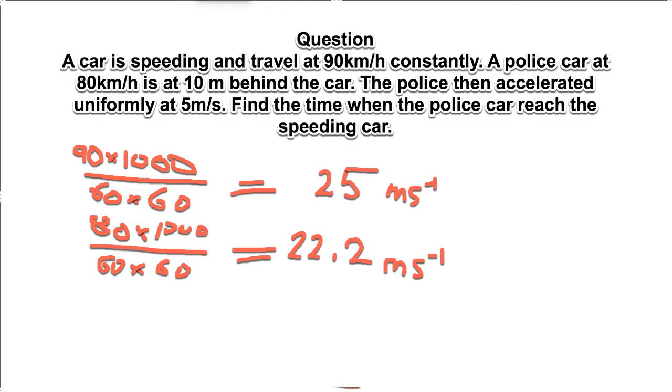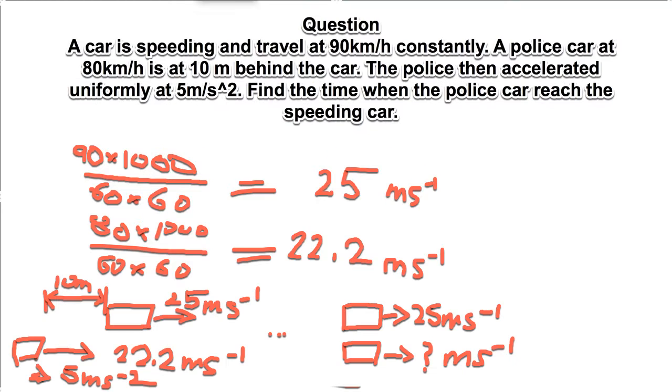Now we shall consider the situation and determine which equations to use. Let's look at the case. Here's the speeding car, which is 10 meters in front of the police car, and we know the acceleration of the police car. After some time the speeding car is still traveling at 25 meters per second, but the speed of the police car is unknown.